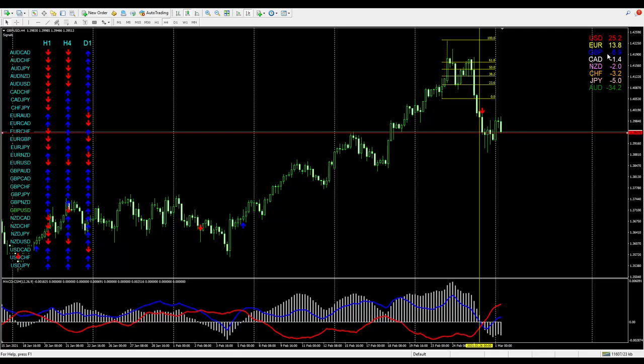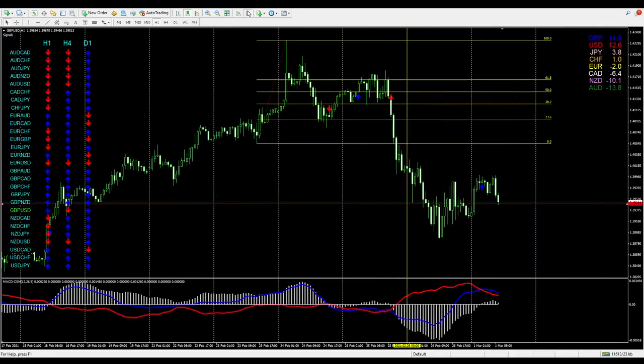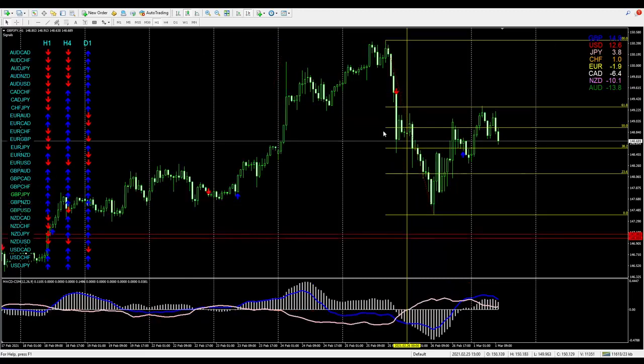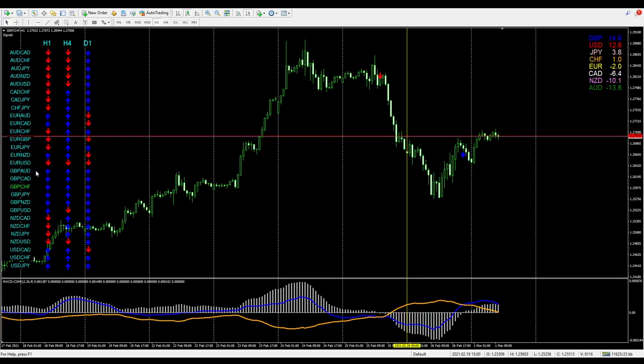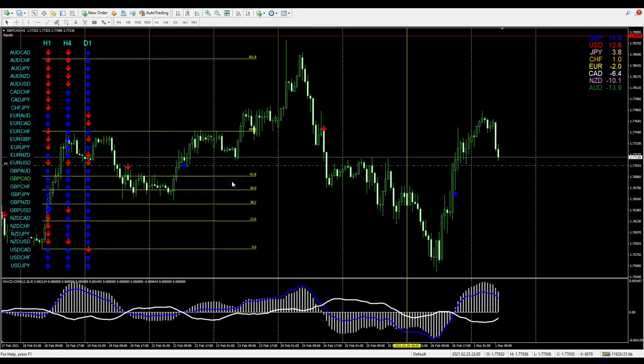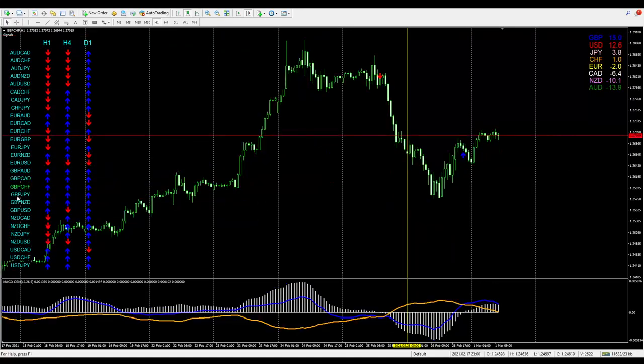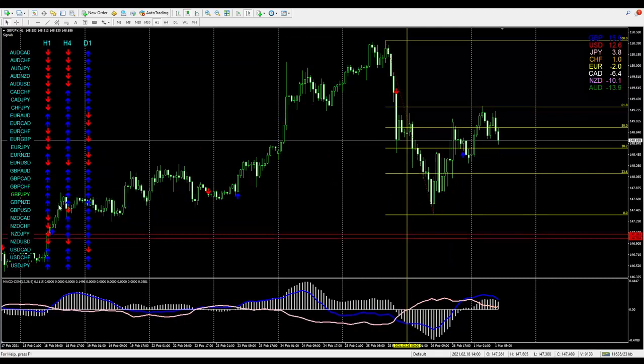But for me, GBP is still strong and still valid. But if you don't want to hold this trade anymore and just focus on other trades, that would still be fine. Because for today, as we discussed, GBP CHF and GBP JPY are already valid signals for us to enter.